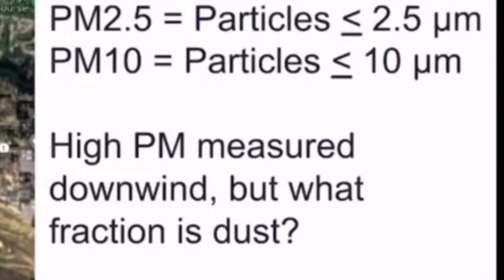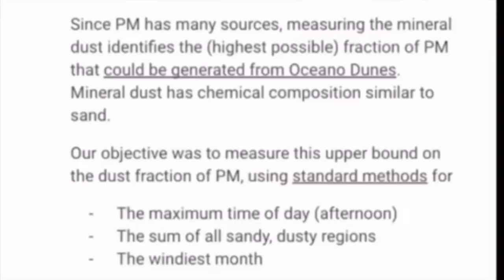In order to figure out the part that could be dust, we set out to measure the chemical composition to know how much is actually dust. The BAM, or Beta Attenuation Monitor, run by SLO APCD at CDF, measures mass by absorption of beta radiation.